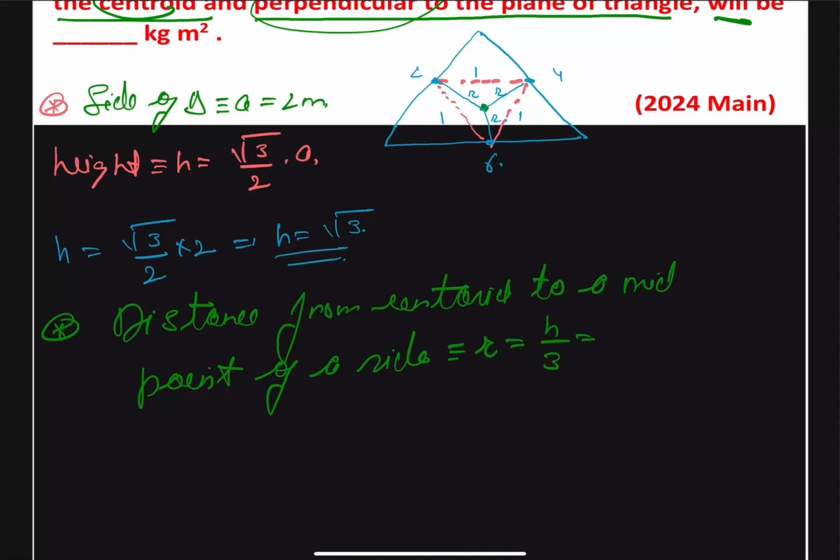H is our root 3, so this comes as root 3 divided by 3. And we have to find out the moment of inertia through the centroid. Let us call this as O. Okay, centroid is our O.